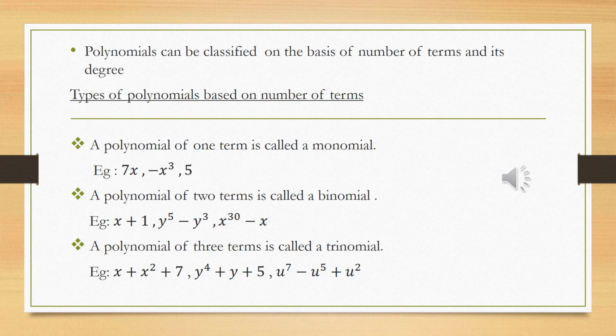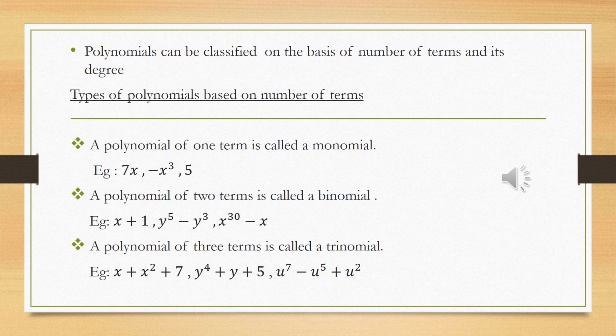If a polynomial contains two terms, it is called a binomial. x plus 1, y raised to 5 minus y cube, x raised to 30 minus x, all are examples of binomials. Here x is the first term, 1 is the second term in the polynomial x plus 1. y raised to 5 is the first term, negative y cube is the second term in the polynomial y raised to 5 minus y cube.